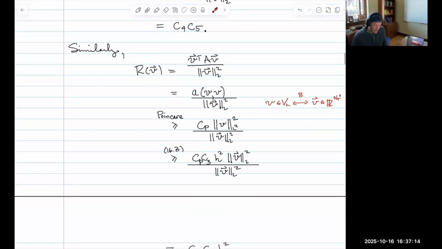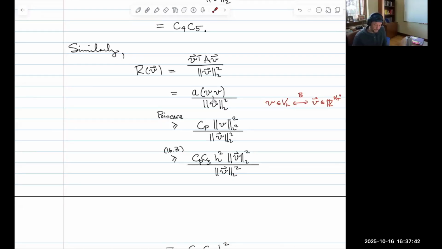Now I'm going to bound this guy from below, and we're going to use the basic Poincare inequality to do that. The Poincare inequality says that the H1 seminorm squared is greater than some constant times the L2 norm of the function v squared. And this holds for any function, not just in the finite element space, but in H0^1.